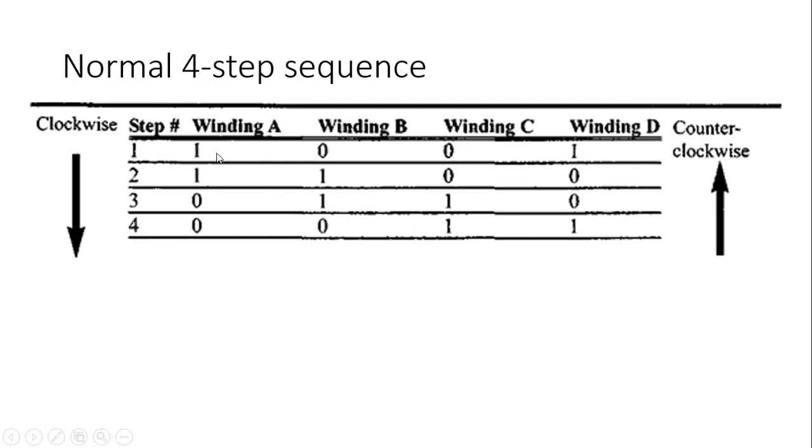These four combinations can be given with any starting value. For clockwise, it goes 1 2 3 4 if we start from 1. Similarly, if you start from 2, then 2 3 4 and 1, it comes around.